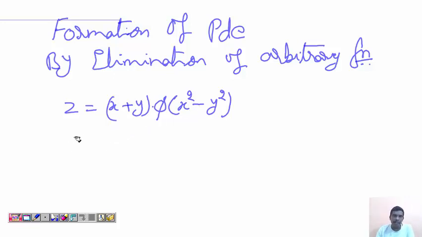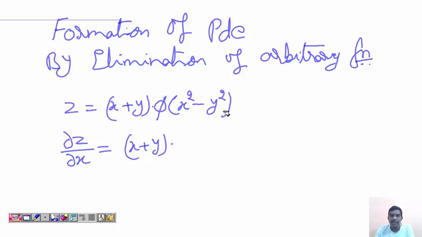For this here, if I differentiate with respect to x, this is dou z by dou x, which is equal to, here it is a product rule, x plus y into phi of x square minus y square. We keep the function x plus y as it is as a first function into differentiation of the second function.